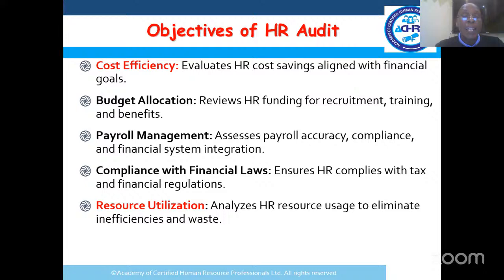Waste is an aspect of cost because any materials or finances wasted, that becomes a cost to an organization. So as HR managers, we are expected to audit our systems in order to achieve cost efficiency.